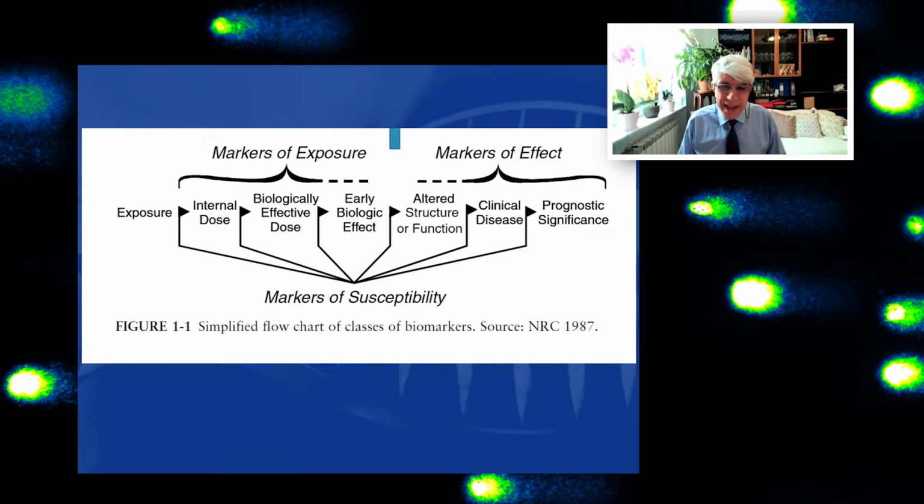However, the point is that even in this long period, there is still a number of major problems with this representation, this image of the chain of events described by biomarkers. The first part deals with the definition of the biomarkers.